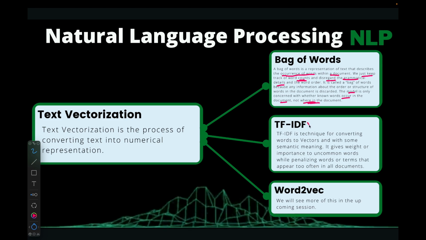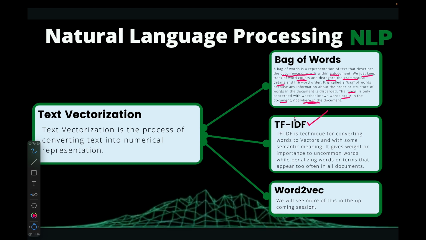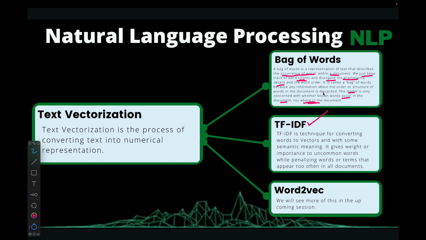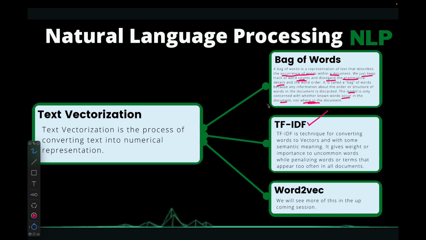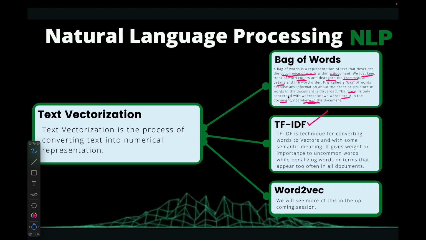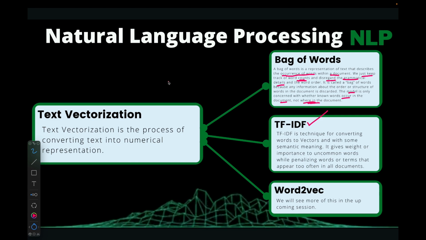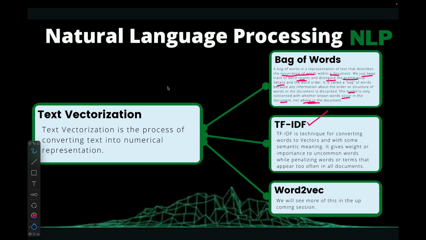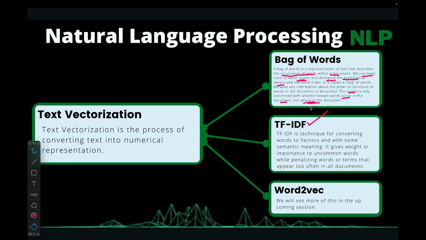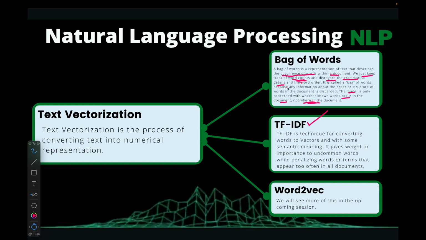Now we're going to consider another one, which is TF-IDF. In bag of words, certain words come quite frequently and appear over and over again, so they have many counts, which will overshadow the others.